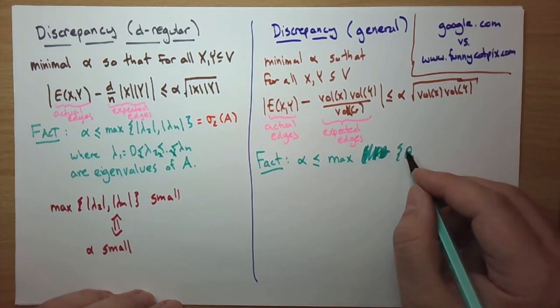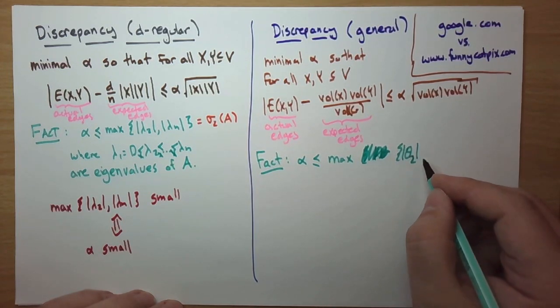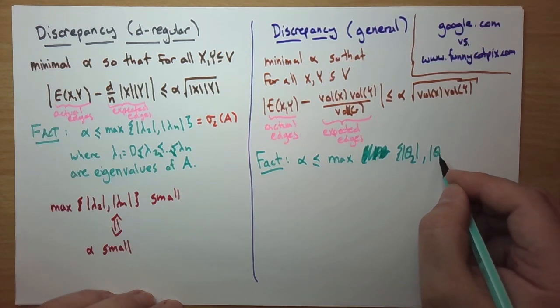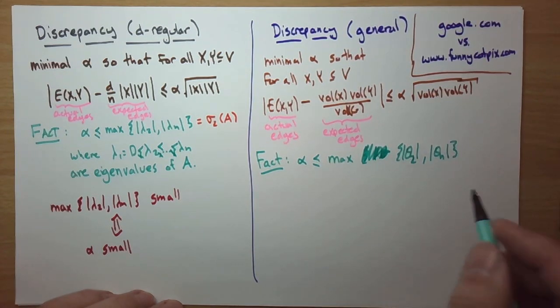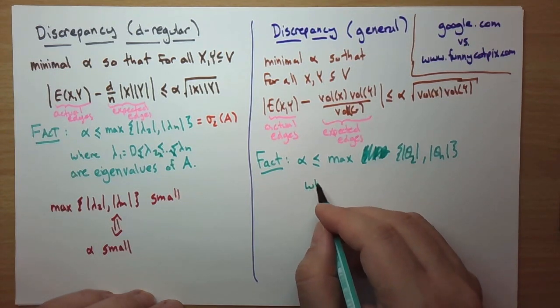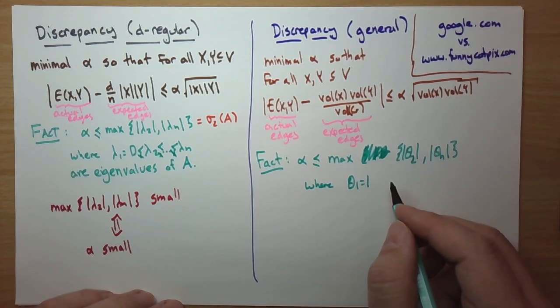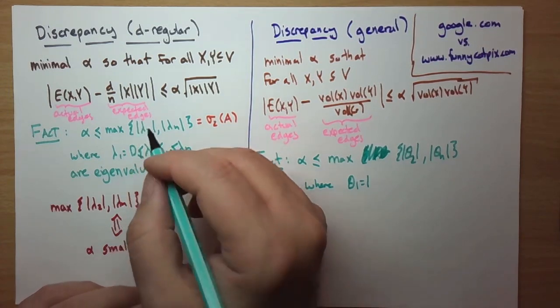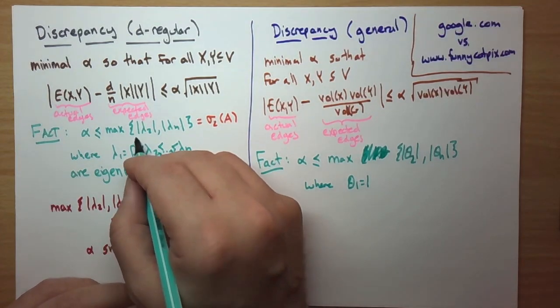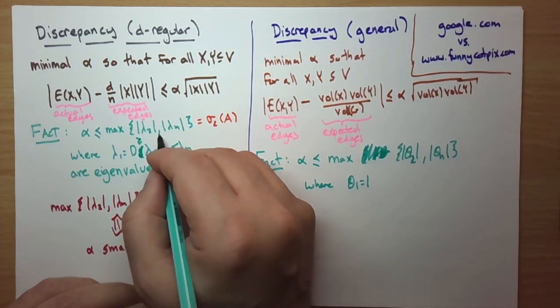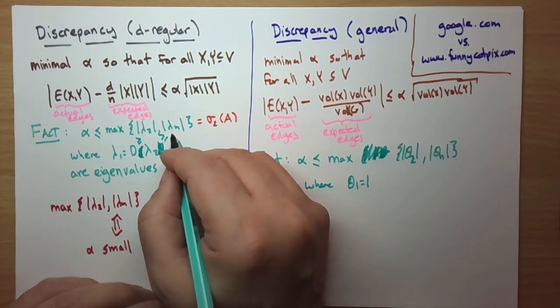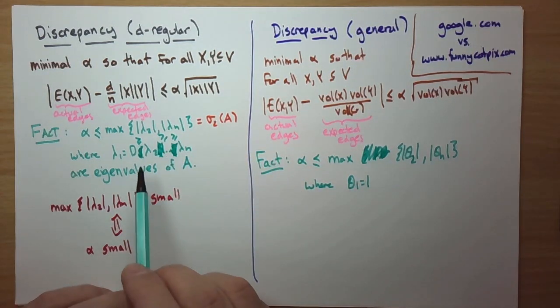Theta 1, absolute value, theta 2, absolute value, theta n, absolute value, where theta 1 is 1. Whoops, my inequalities over here are backwards. It should be greater than or equal to. I am so sorry about that. I was like, wait.